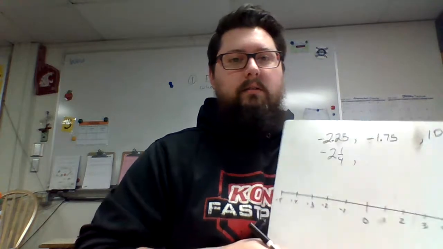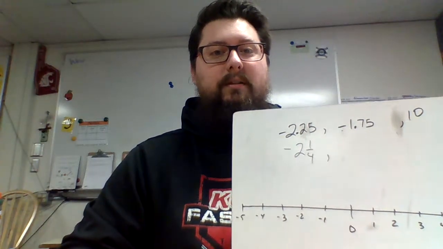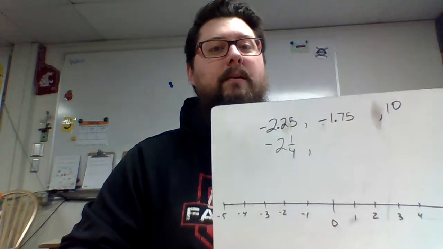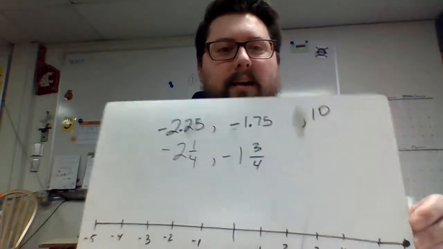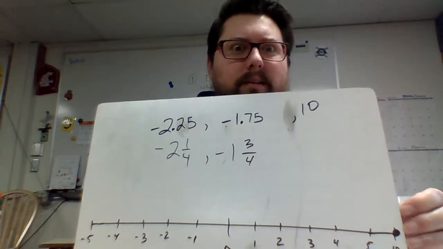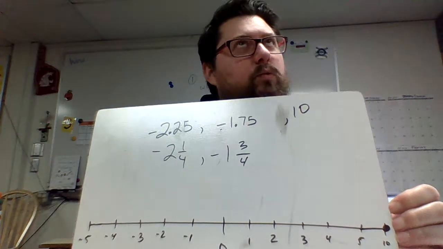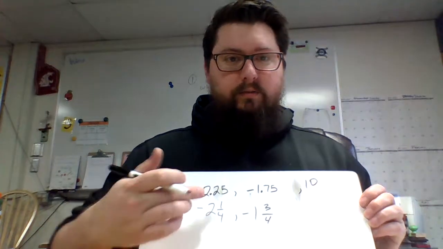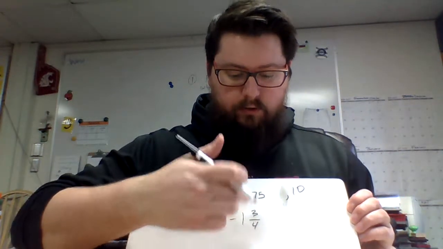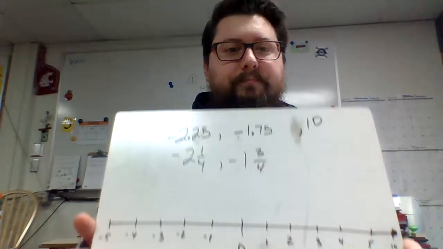Negative 2 1/4. And 0.75, another one we need to be familiar with. 75 cents is 3/4. Therefore, the fraction is 3/4. And again, if you're having trouble, just think about money. 25 cents is 1/4.